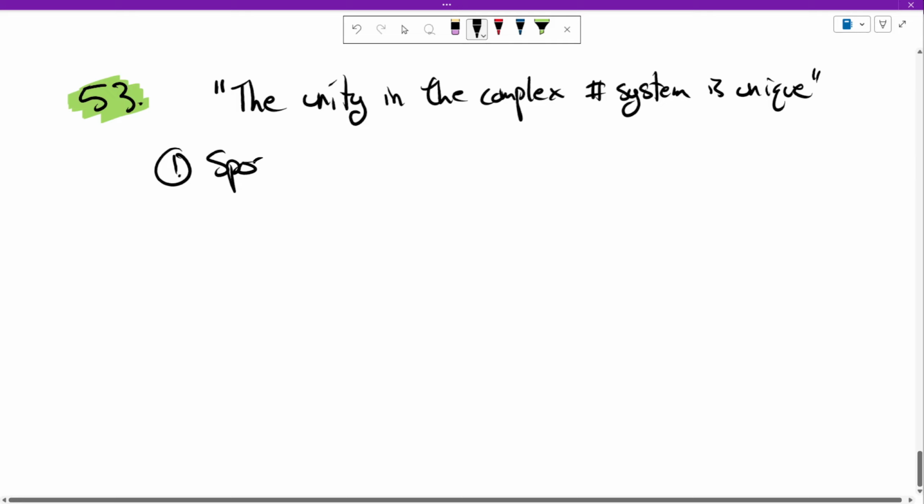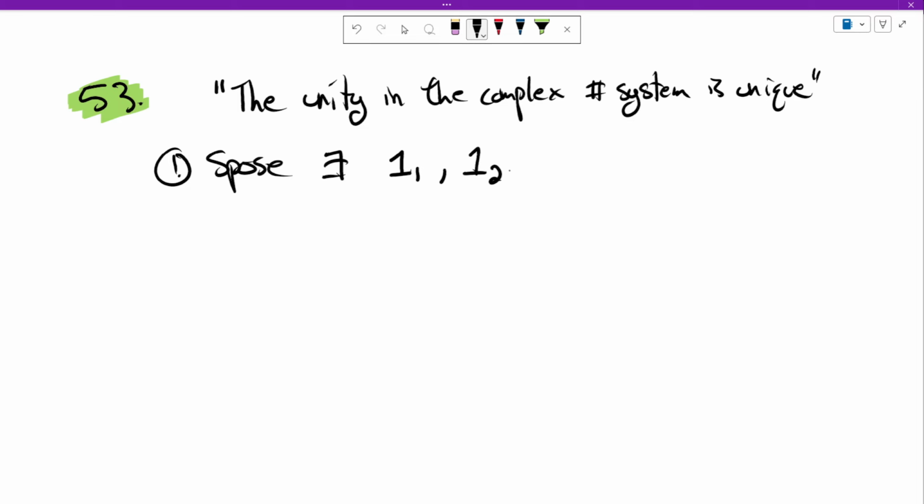Suppose there exist two complex numbers. Say there's the complex number 1_1, and another complex number 1_2, where we should think about them not as the number 1, but as a complex number that when I multiply it with anything, I get that thing back. So I'll write that down.